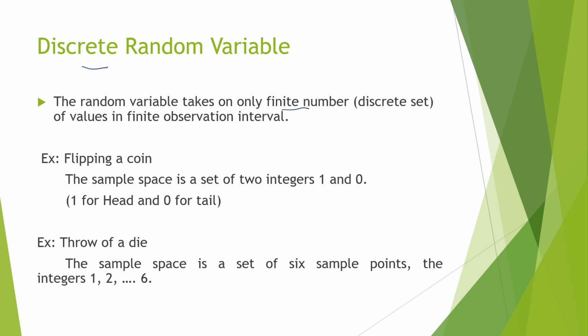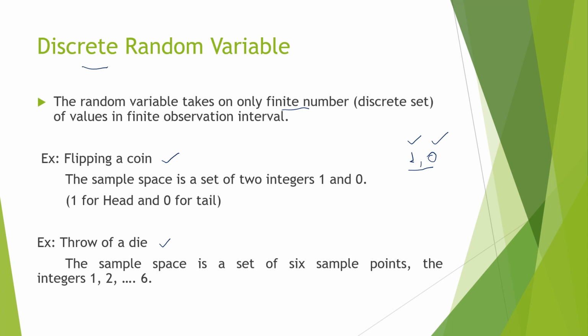The first one is flipping a coin. If you flip a coin, as we already saw, there are two outcomes, getting a head or a tail. If you indicate head with 1 and tail with 0, there are only two values. The random variable can take either a value of 1 or 0. So they are discrete in nature. Similarly, the second example is throwing a die. If you throw a die, there are 6 outcomes.